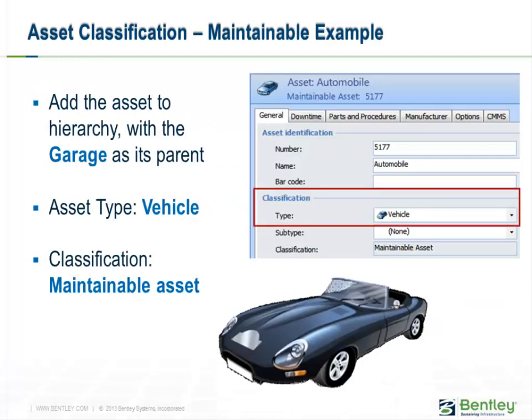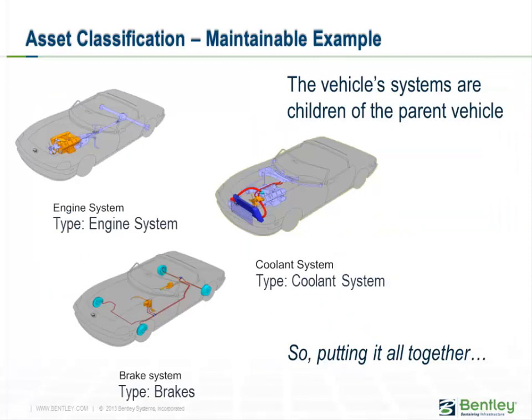The asset type is vehicle. Its parent asset is the garage. A car has a number of systems such as an engine system, a coolant system, the brake system, and so on. All of these systems are child assets of the car. When you consider the garage, the car, and the car's systems, the hierarchy may look like this.